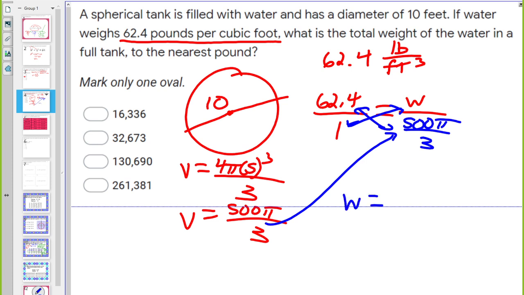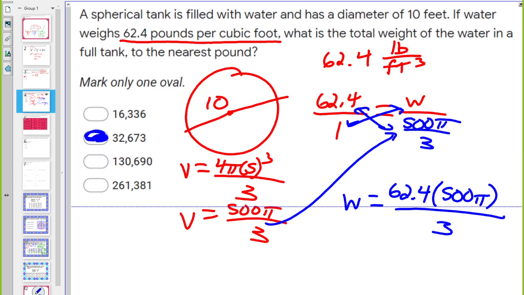All I need to know is what is 62.4 times 500 pi over 3. So 62.4 times 500 times pi divided by 3, I'm getting this one here.